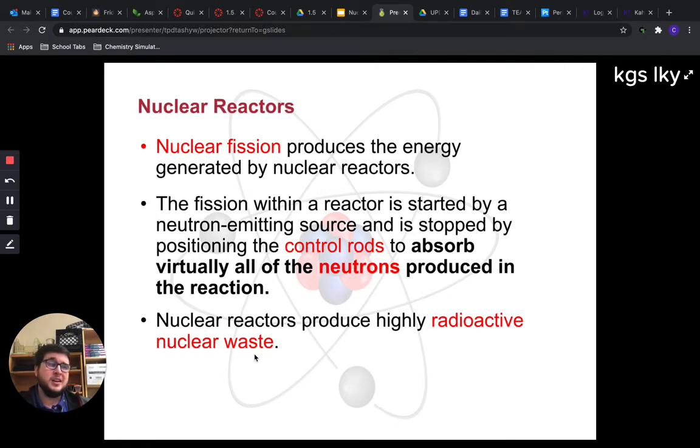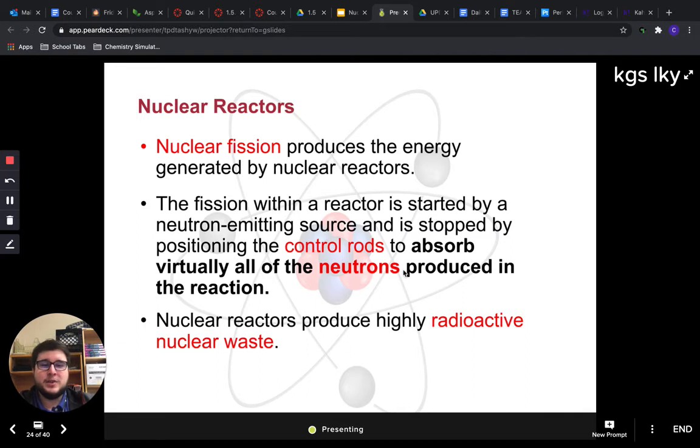Some of it is just a couple weeks. But the ones that have long half-lives are going to stay around pretty much forever. And so we've got to come up with a way to store these. That's a big problem facing chemists and chemical engineers right now: how do we store all this radioactive waste that we get from our nuclear reactors? That's a big issue right now.